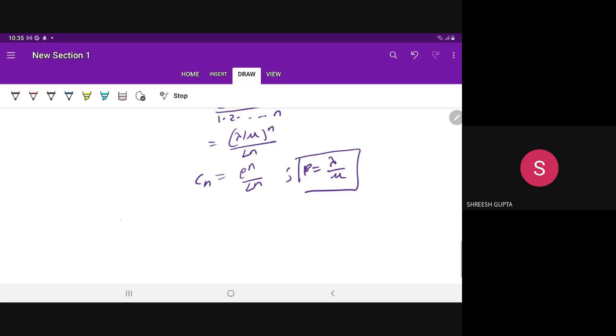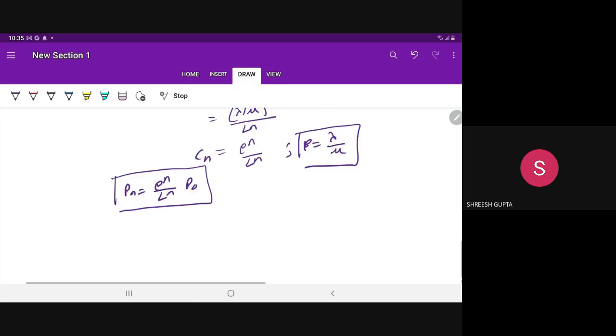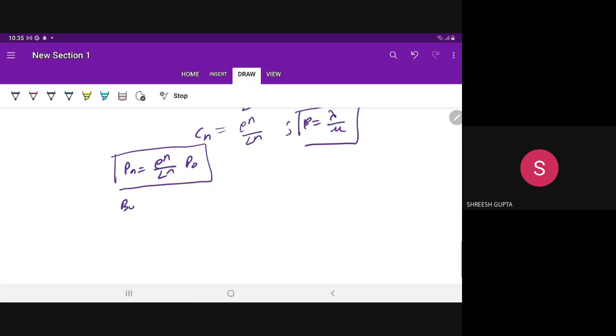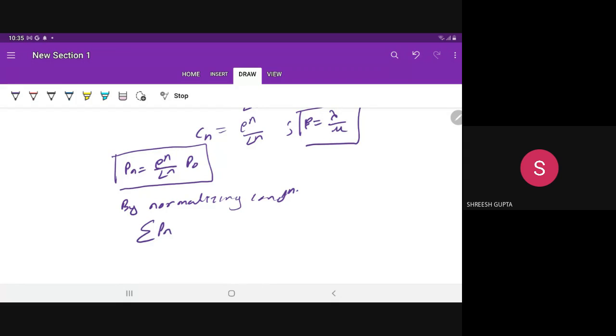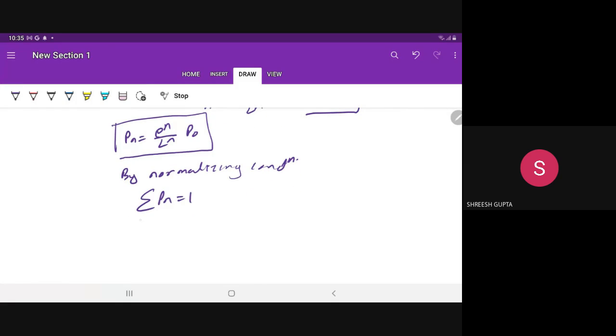So Pn will become rho to power n upon factorial n into P naught. By normalizing condition, sum of all probabilities is equal to 1, that is from 0 to infinity, P naught, P1, P2, and so on.